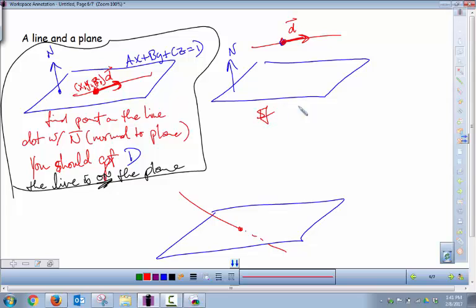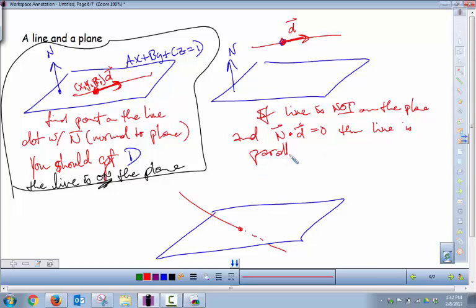So if the line is not on the plane and the normal vector dotted with the direction vector is equal to 0, then the line is parallel to the plane.